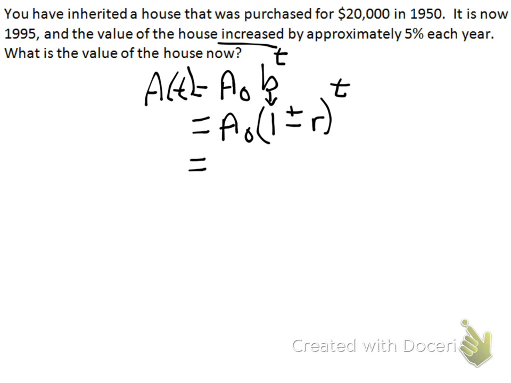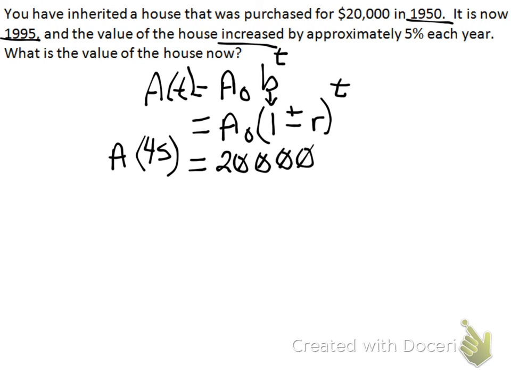So specific for this problem, I would have A of t, and we need to figure out what t is. If we started in 1950 and we're right now in 1995, there's been 45 years that have passed. So initially the house was purchased for $20,000.